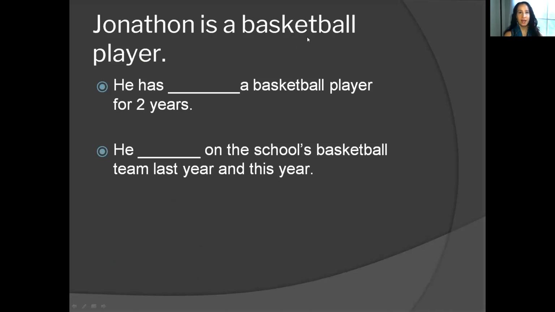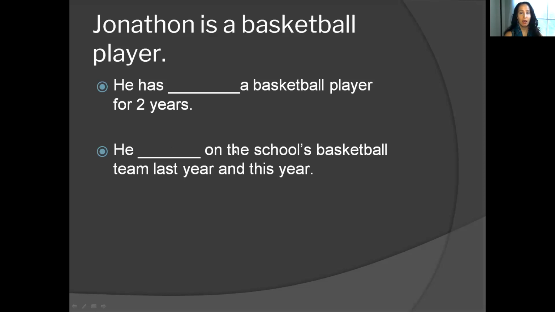Jonathan is a basketball player, okay? Now, what do you think the verb is? This is a tricky one. Jonathan is a basketball player. Jonathan is, remember, is. He has blank, a basketball player for 2 years.